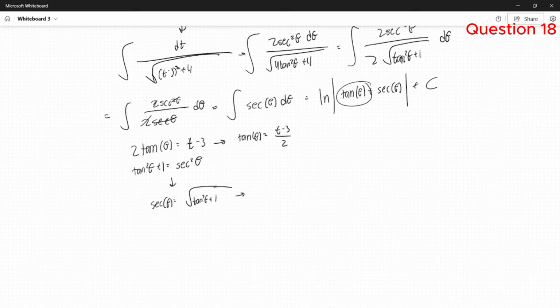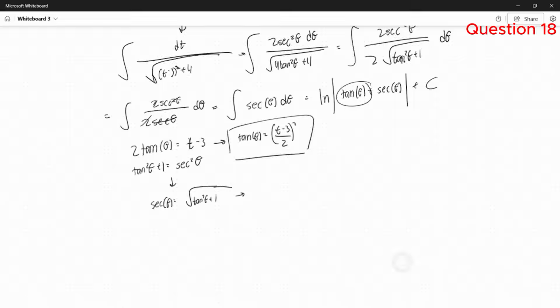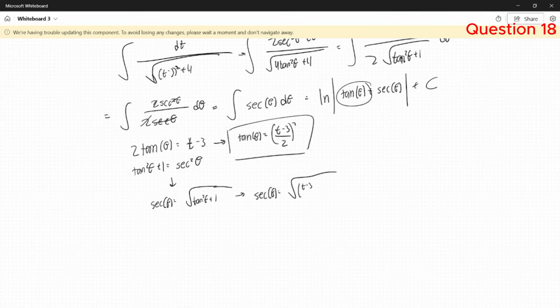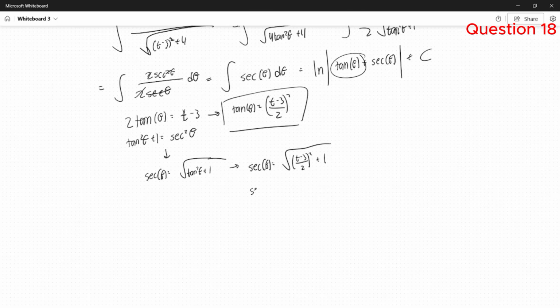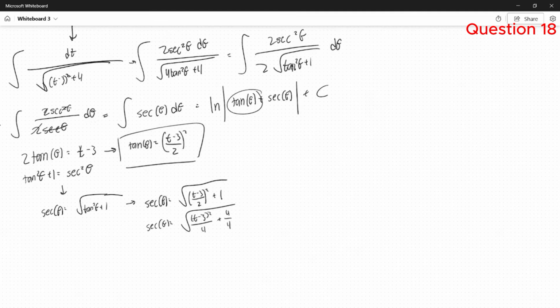Tan squared theta would be taking this solution here and simply squaring it, which means that secant theta would be equal to the square root of t minus 3 over 2 quantity squared and then plus 1. Secant theta would then be equal to the square root of t minus 3 squared on top over 4, and then we can turn the 1 into 4 over 4, and now we can pretty much plug everything in.